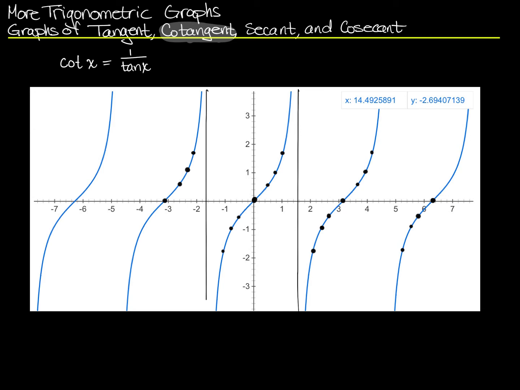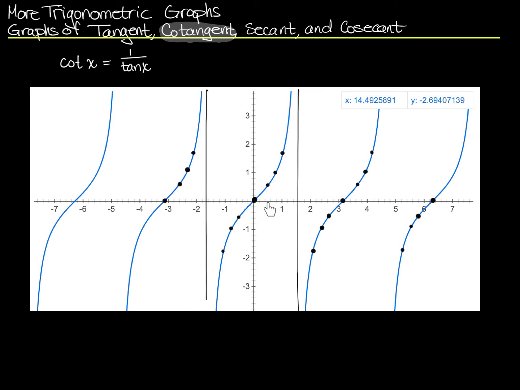Now, if I want to graph the cotangent of x, and the cotangent is equal to 1 over the tangent, then one way to do that would be to take 1 over each of the values you see here. Let's stick with this central cycle for the moment.